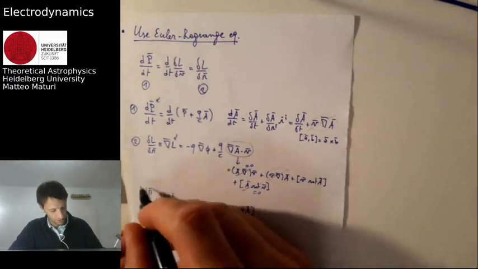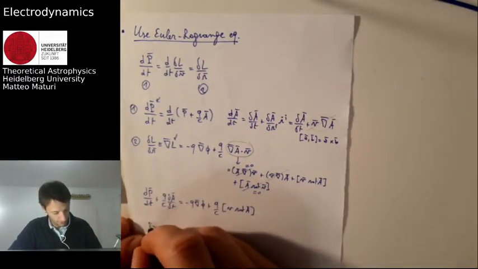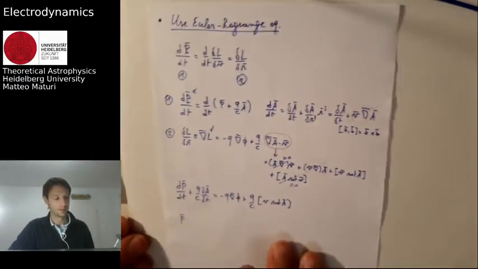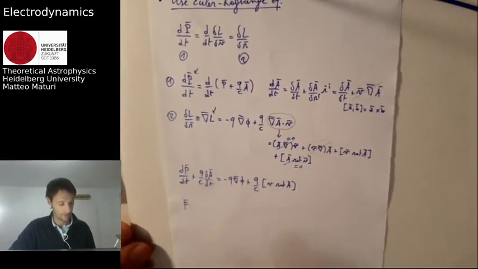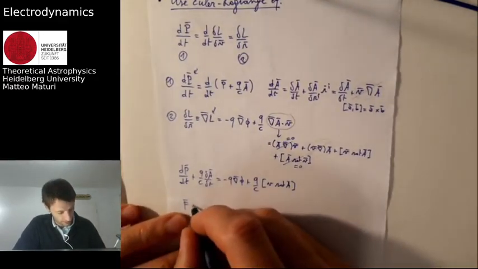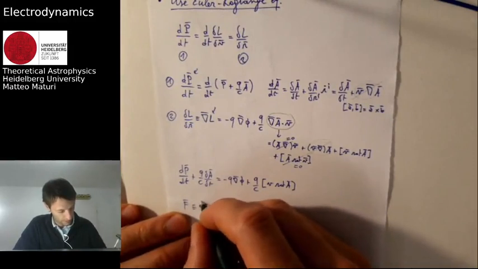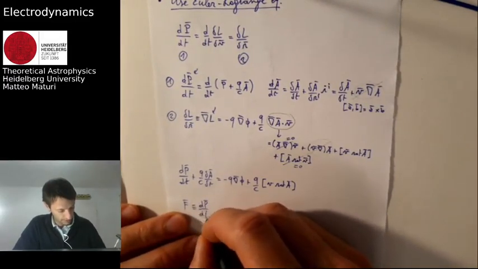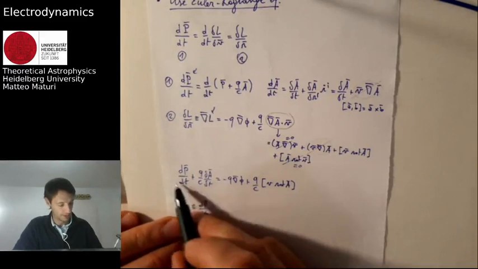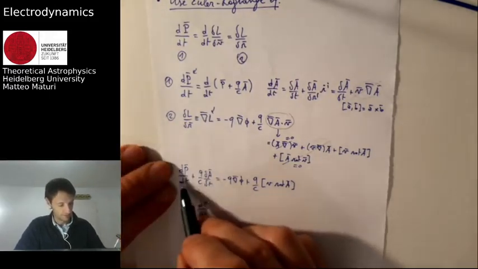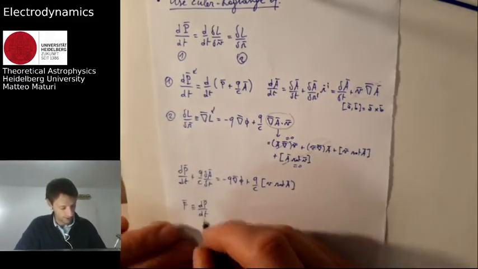Nice. So now we know that this is equal to the force, the force that the electromagnetic field is exerting on the charged particle, which is equal to dp/dt, so the force is the change in the momentum. So I basically write this one equal to the rest.